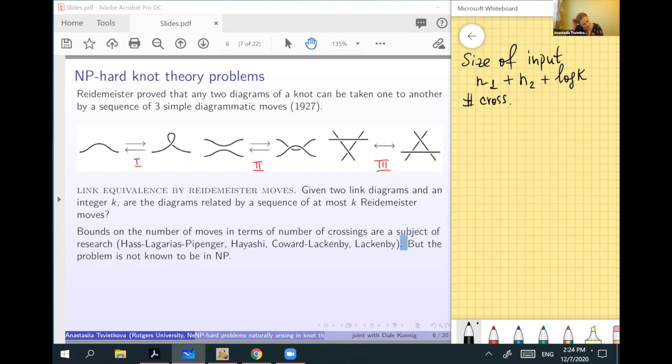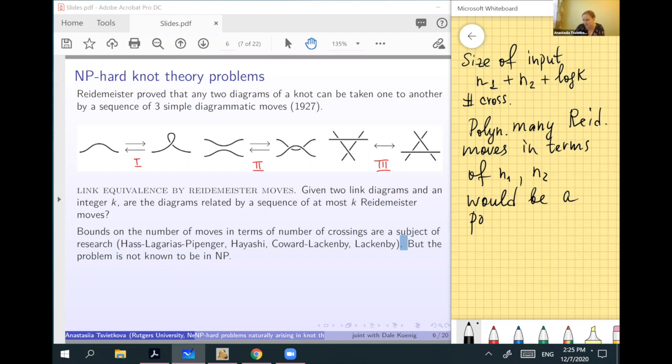And then if you have polynomially many Reidemeister moves in terms of n1 and n2, that would be a polynomial certificate.